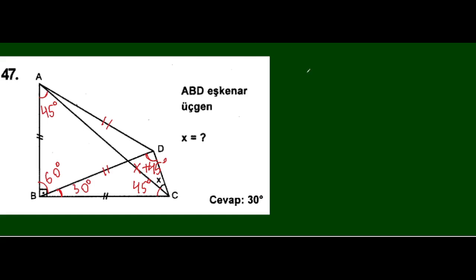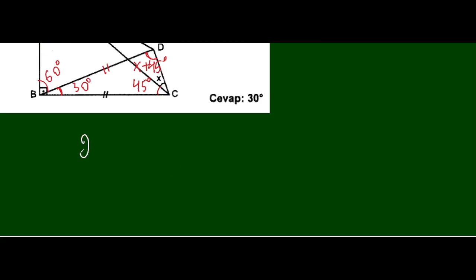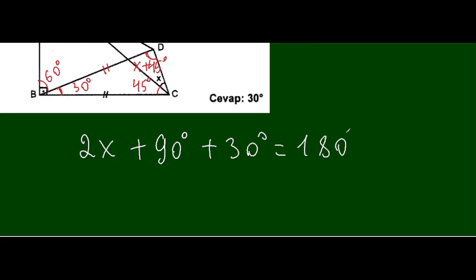And we can write down that 2 times x plus 45 degrees plus 30 degrees has to give us 180 degrees, which is equal to 2x plus 90 degrees plus 30 degrees equal to 180 degrees.